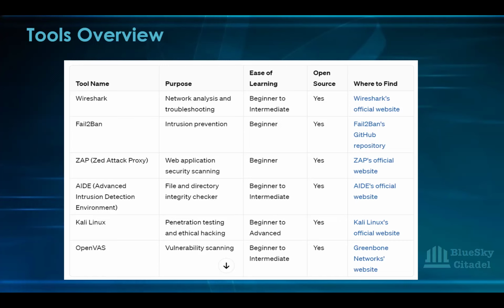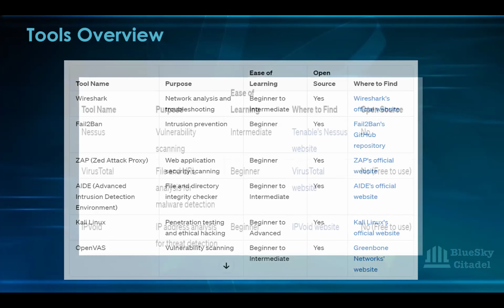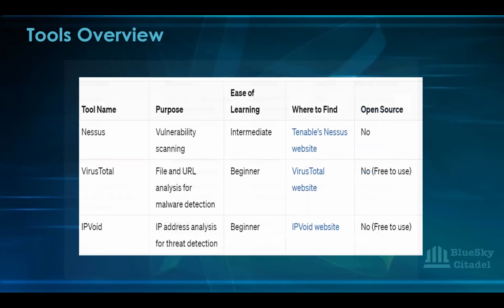Because the ease of learning says even if you're a beginner, you can use it, but always follow the ethical requirements when you're using tools, so you don't tamper with what you're not supposed to touch. And then we have Nessus, is also a vulnerability scanning tool, and you can find this on their website. You just install.